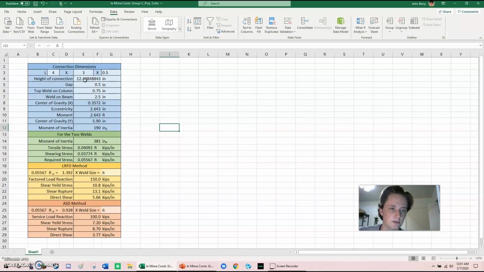Okay. So we know that the height of the connection needs to be about 12.5 inches to equal 100 kips. So let's change that to 12.5. Okay, we have exactly 100 kips. It's important to note that the LRFD method returns a larger amount of kips, but just to be on the safe side, the ASD method passes, so 12.5 is the number that I choose.